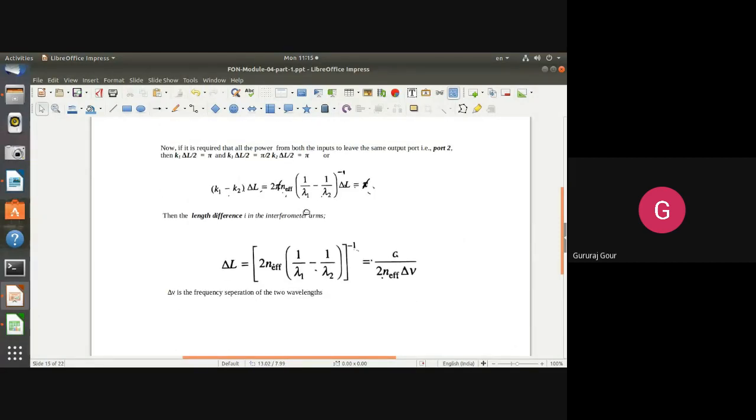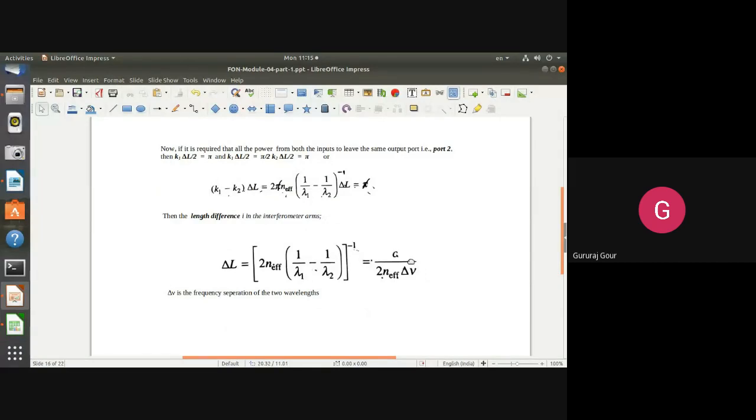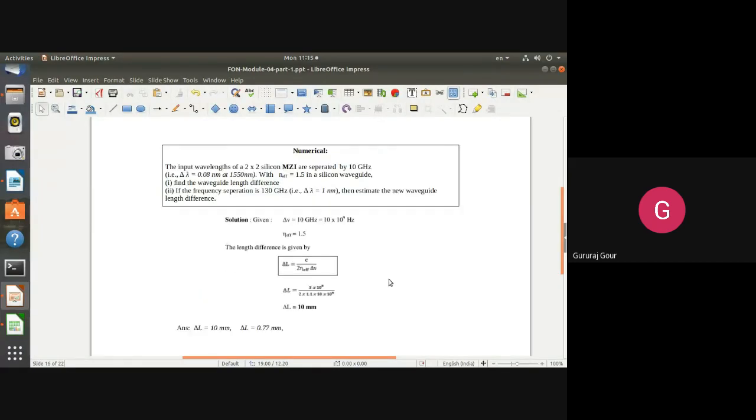So later, by taking the phase difference based on the path length difference with these assumptions, we arrived at the final equation for the path length difference of the MZ interferometer. So the problem is also very simple. You have to remember this formula, either this or this, whichever the data is given in the problem, you have to use that formula, direct substitution, and you will get the solution.